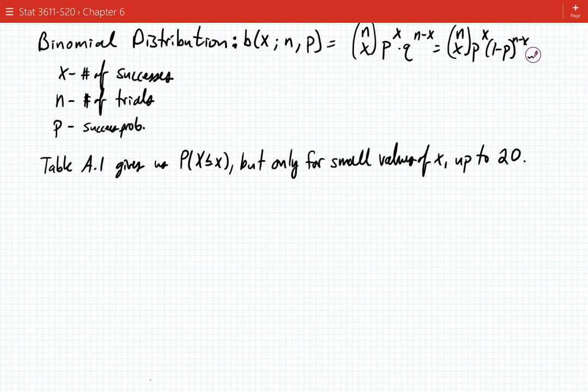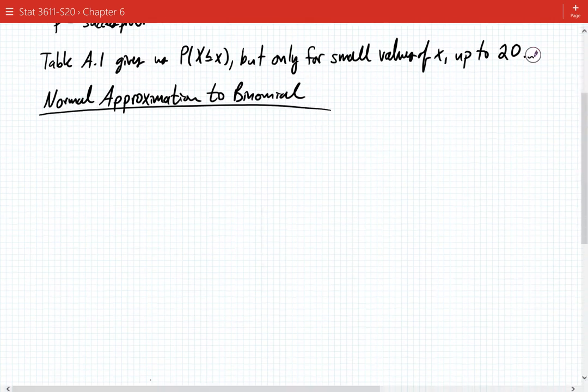All right. And so enter now the normal approximation to the binomial distribution. So let's say we have a random variable x.